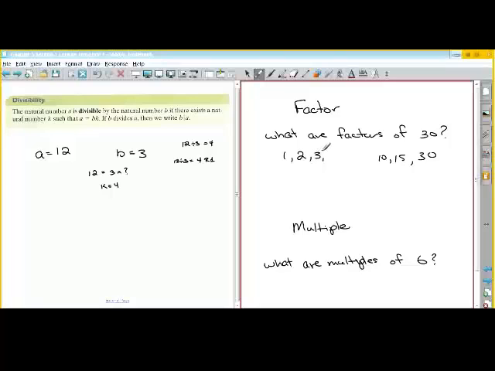Well, 30 divided by 4 does not give me a whole number, so I'm not going to put that in there. Then I try the next number, 5. Can I divide 30 by 5? The answer is yes, and I get 6. And once you get to where they're equal to each other, or just one unit apart, then I'm finished. I have reached my list of factors of 30 by starting at the edges and working my way in, and then just checking the count. So that's what factors are.